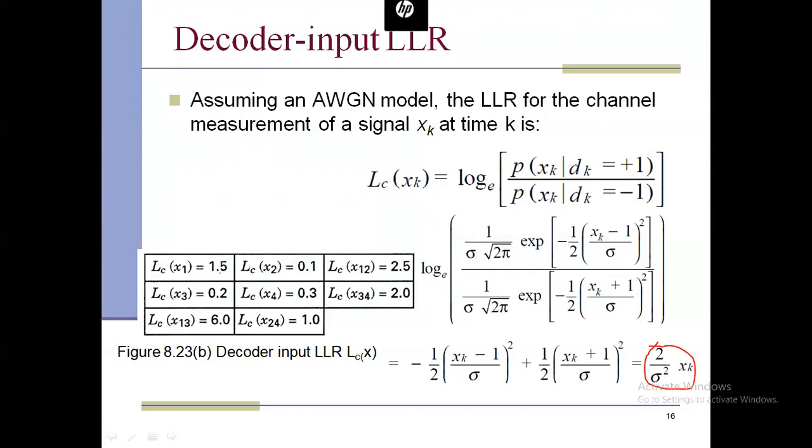And 2x of k means whatever the channel stats, you multiply it by 2 and you will get these values. So what are these channel stats? If you are considering an AWGN channel and the data is given, you can simply multiply it by 2 and you will take the value of this. If it is mentioned that the noise variance is 1, and in our assignment we have also considered its variance is equal to 1.